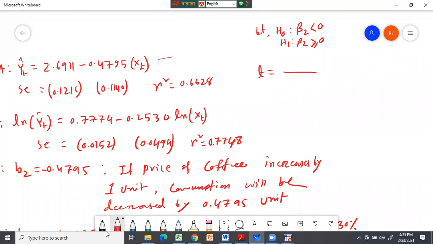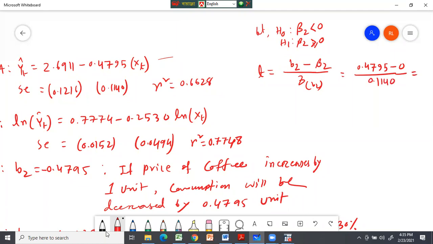Then just write down the value of your sample estimator B2 minus the null hypothesized population parameter value, divided by the standard error of B2. You are given the values here. Your B2 value is 0.4795 minus 0, the null hypothesized value, divided by the standard error of B2, which is 0.1140.